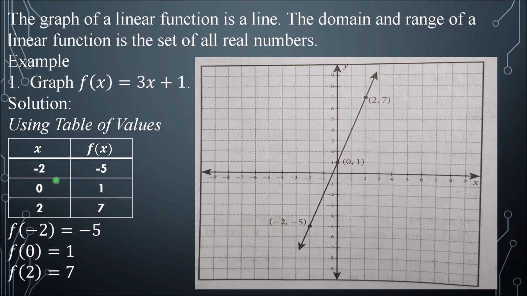Now we have negative 2, negative 5; 0, 1; 2, 7 as our ordered pairs. We plot those points, and this is the graph of f(x) is equal to 3x plus 1. So that's how you graph a function. One way is to use a table of values.